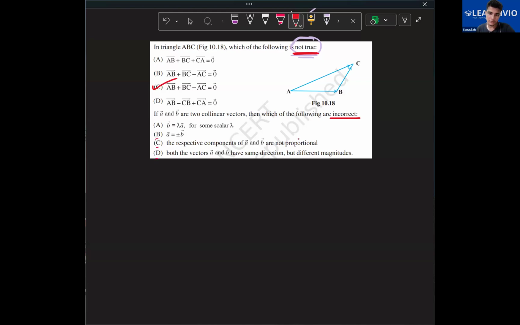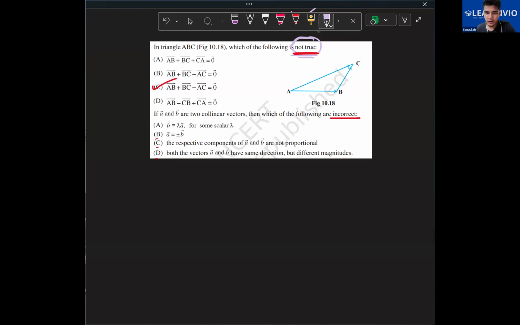B, C, D. Well, let's see, because its answer is something else in the book. Okay, देखते हैं. B, C, D are wrong answers.